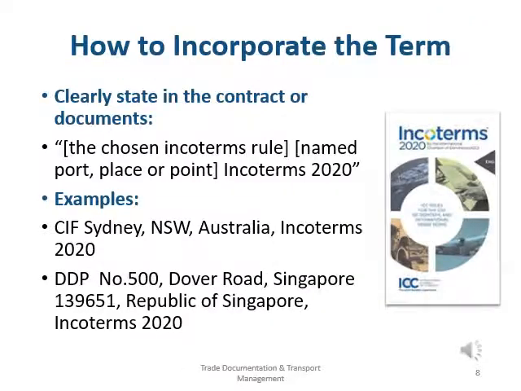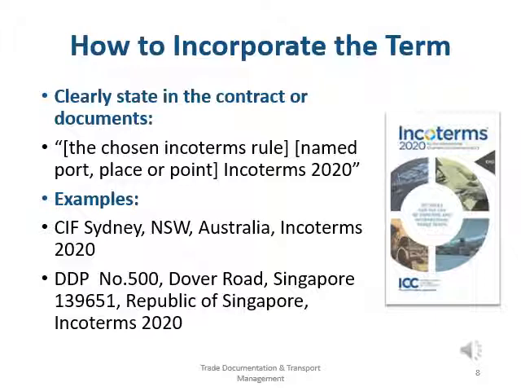Incoterms do not constitute a complete contract of sale, but rather become a part of it. So you should incorporate the Incoterms into your contractual agreement. How do you incorporate this term into your contract or invoice? Well, you have to state clearly in the documents or the contract the chosen Incoterms rule, the named port or the named place or point, followed by Incoterms 2020.